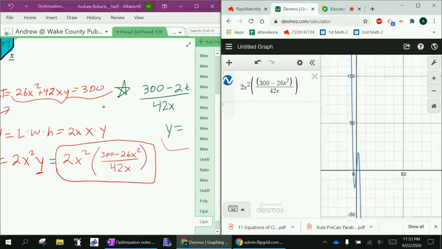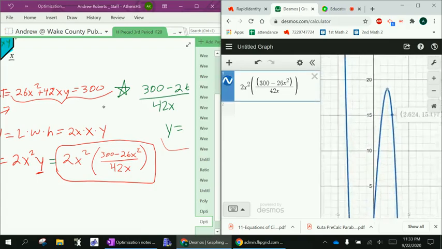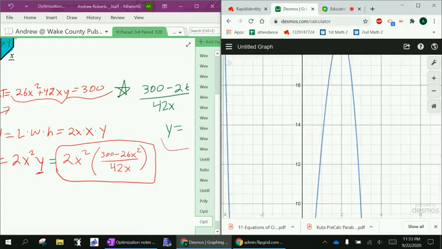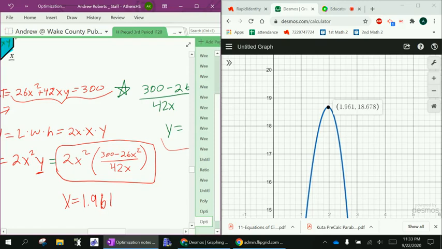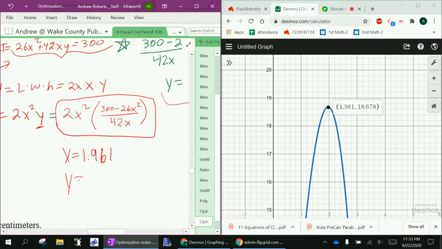Okay. If we look here, you can zoom in, you can see a good looking maximum right there. We're trying to maximize our volume. I get 1.961, so x is 1.961. And y is 18.68.